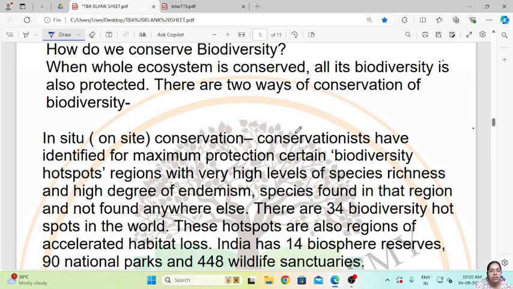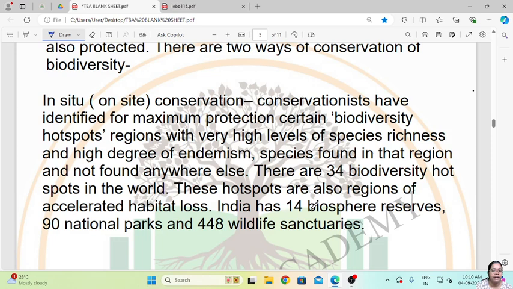Conservationists have identified for maximum protection certain biodiversity hotspots, regions with high level of species richness and high degree of endemism. Species found in that region are not found anywhere else.